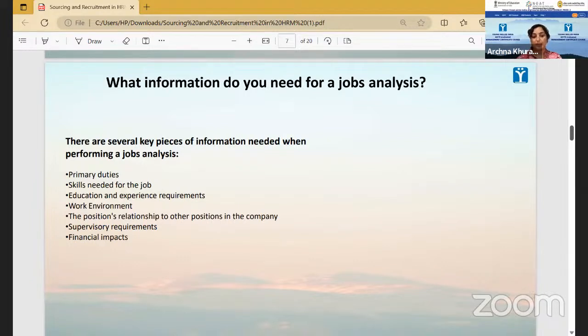Then the next point is the position's relationship to other positions in the company. Suppose you are hiring an HR executive. So an HR executive should be reporting to whom? Are there any people who would be under them as well? Maybe an HR officer who can keep providing them information, or some interns, some trainees that are required to be hired in the company.